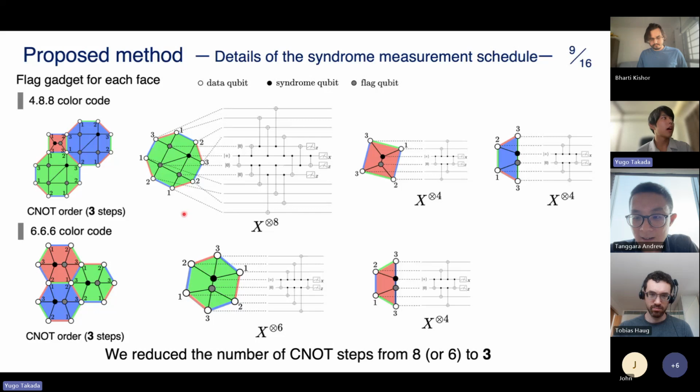Are you talking about the paper by Chris Chamberland or something? No, I'm not referring to any paper. I'm just wondering if you have thought of this, or if you know any existing result for this flagging method for subsystem codes.